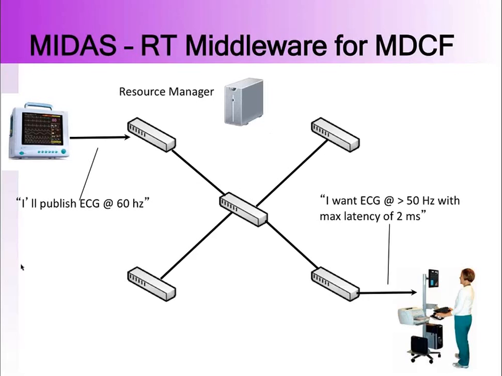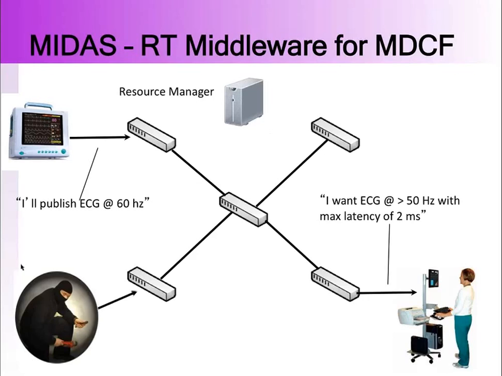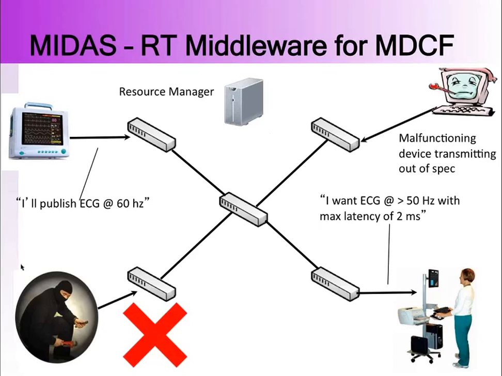So because you're sort of dynamically setting up to enforce your different QoS and partitioning properties, if you have something come in, for example, that's trying to do something bad on the network, first of all, the way that we set up an authentication framework using digital certificates and so forth, this guy would never, ever be able to connect.